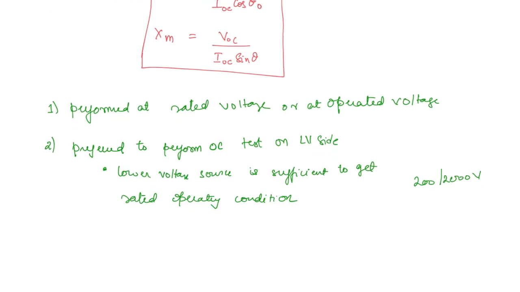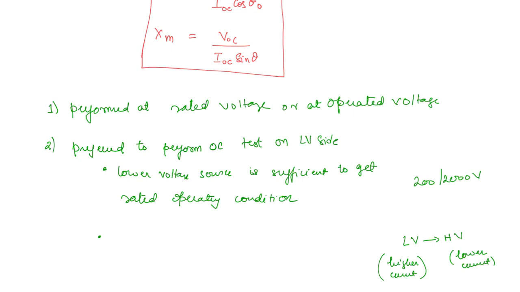And the second reason: when you have a step up voltage transformer, LV to HV, the current is going to be stepped down. That means higher current is going to be present at the LV side, and lower current at the HV side, because the kVA remains the same. So if you are doing the OC test on the LV side, you are going to get a higher value of excitation current. Now we know that the excitation current is a very small value.